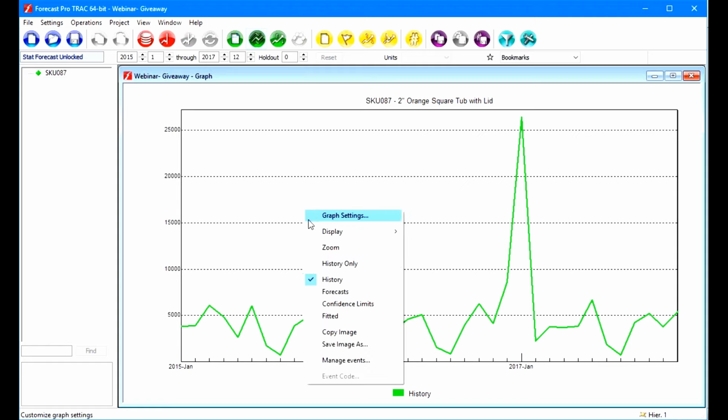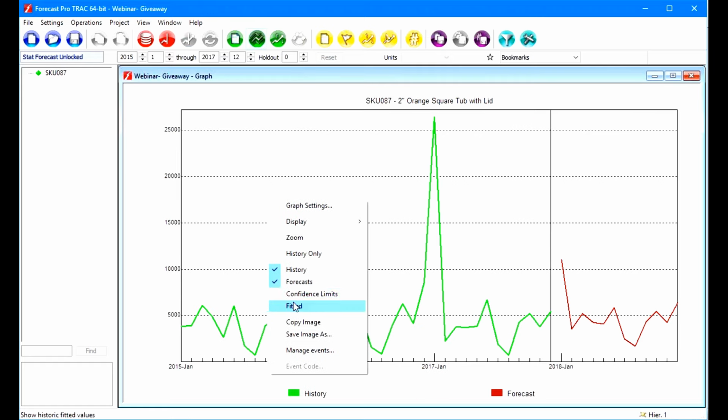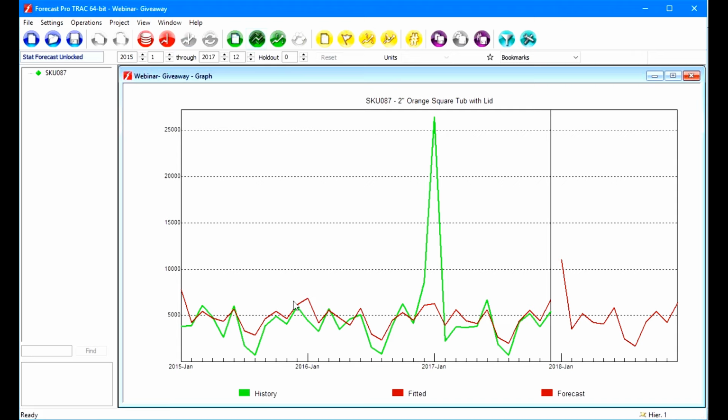So before we start looking at event models, let's take a look at what happens with the automatic approach. So for that, I'm going to turn on forecasts and I'm going to turn on the fitted values. So here's what we get. And there are clearly some issues. We are completely missing the January spike and the December spike here.